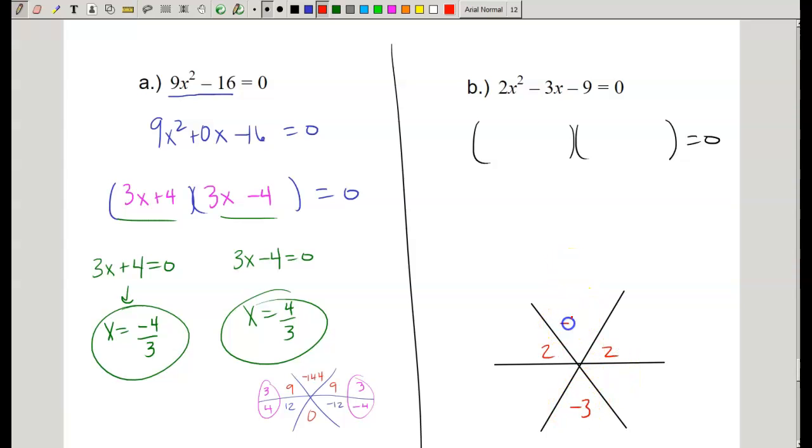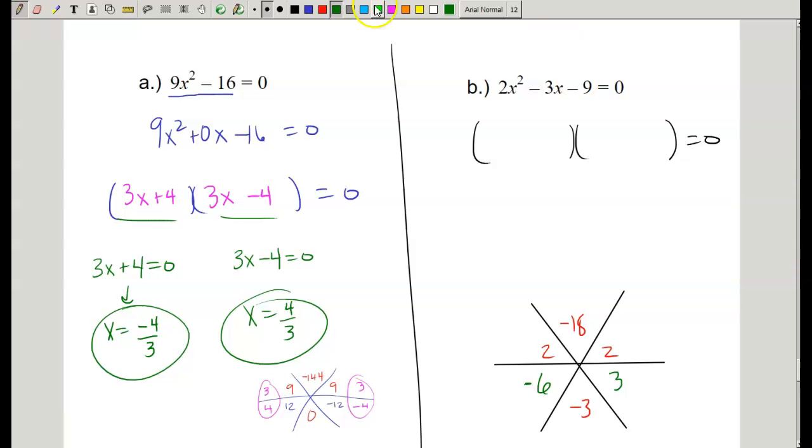A times C is negative 18. I want to think about what multiplies up to negative 18 and adds to negative 3. So that's going to be 6 times 3 is 18. One of those has to be negative, so I'm going to make that a negative 6. Negative 6 times 3 is negative 18, and if I add those, I get negative 3.